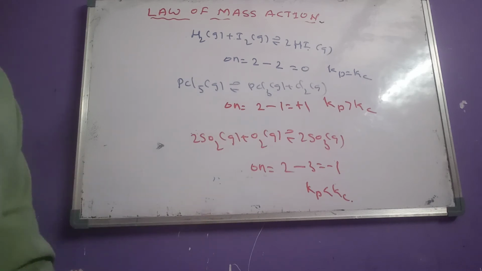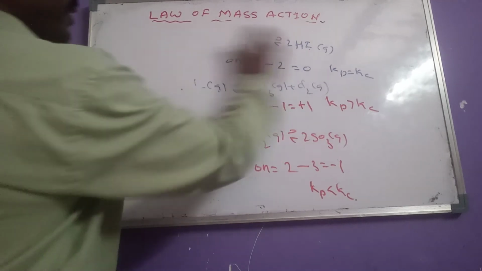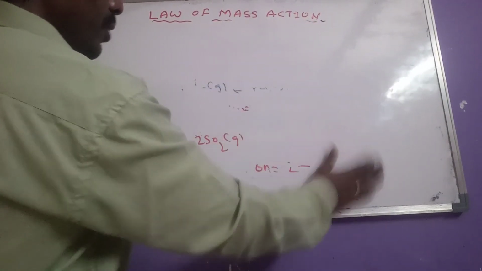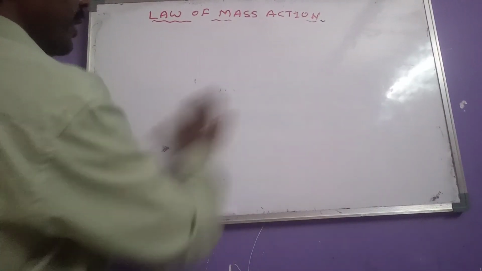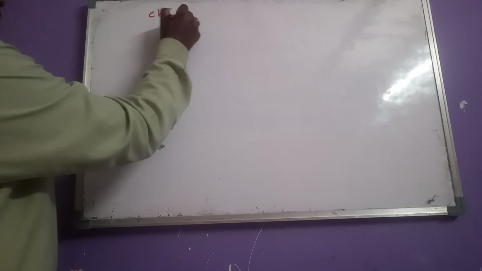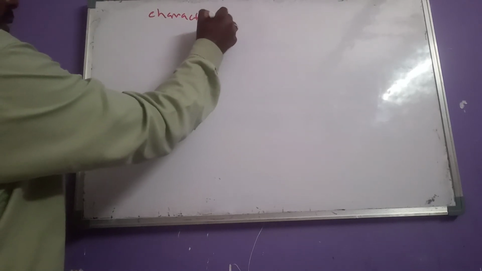Like that, some questions are asked related to Kp Kc relations. Then another important thing: the characteristics of the equilibrium constant Kc. So let us see what the characteristics of Kc are.